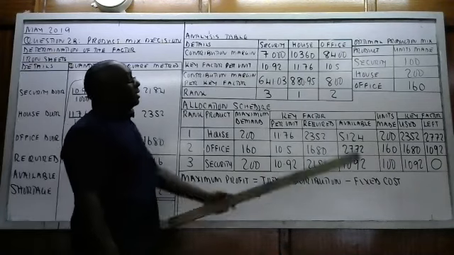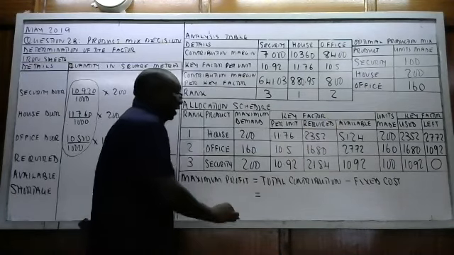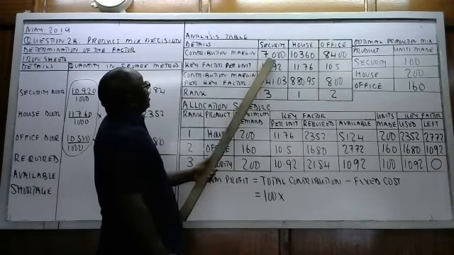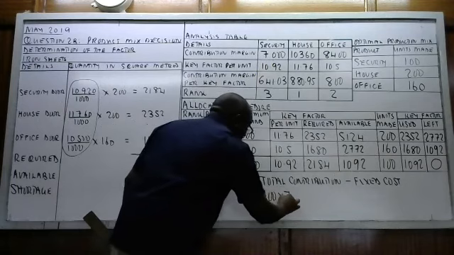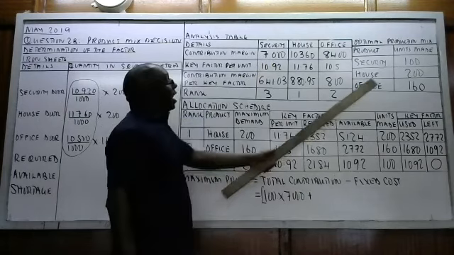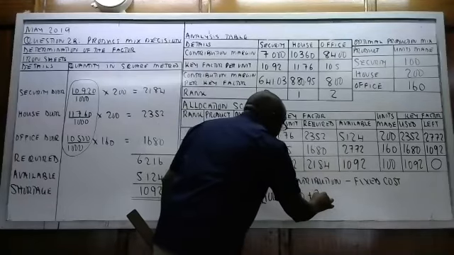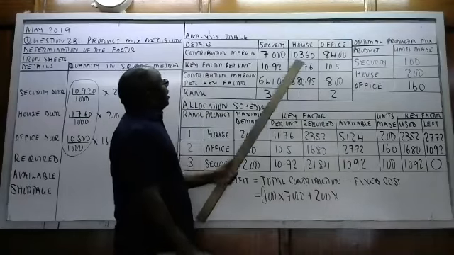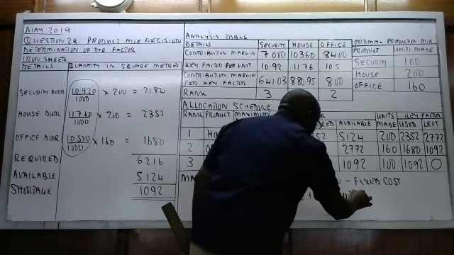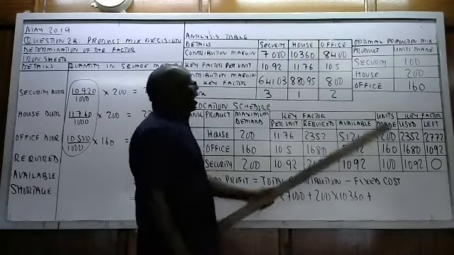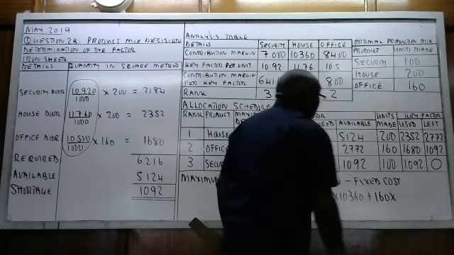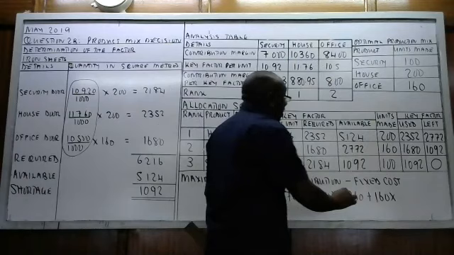So nasema hivi, security, we are making 100 units. And each one from our working here had a contribution of 7,000. Plus house, we are making 200. And each had a contribution of 10,360. Our office, we are making 160. And each one had a contribution of 400.